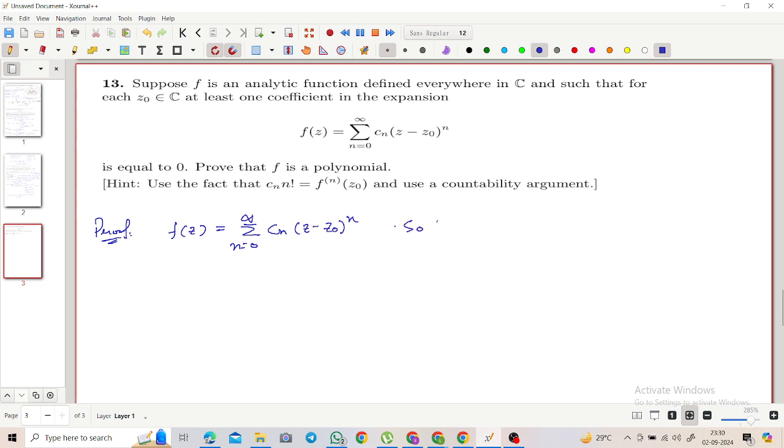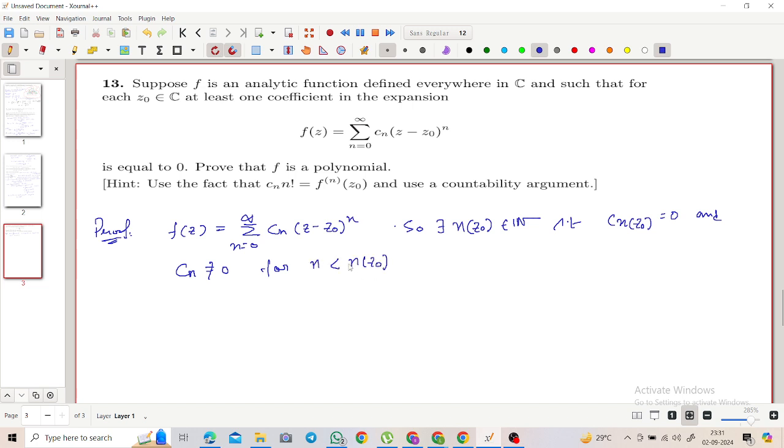there exists n of z naught, a natural number, such that C_n(z naught) is 0 and C_n is non-zero for n strictly less than n(z naught), right?